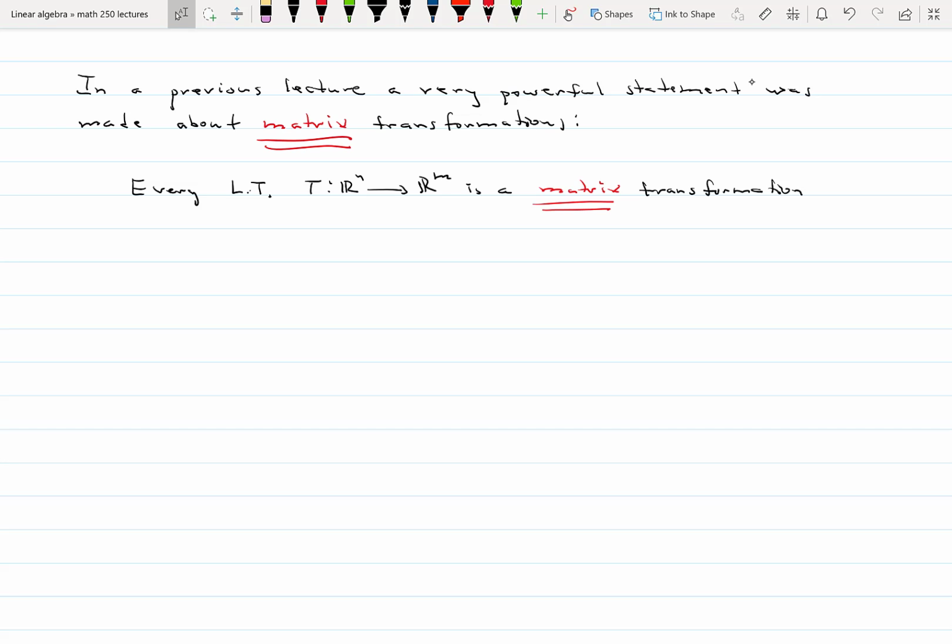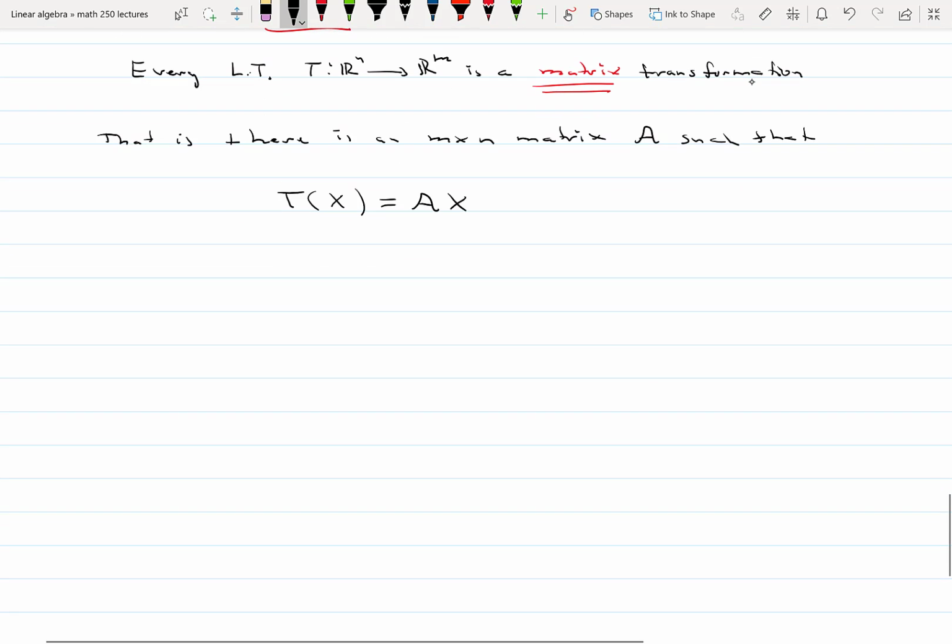What that meant was that there is an m by n matrix A such that T takes something from Rn, T of x equals Ax.